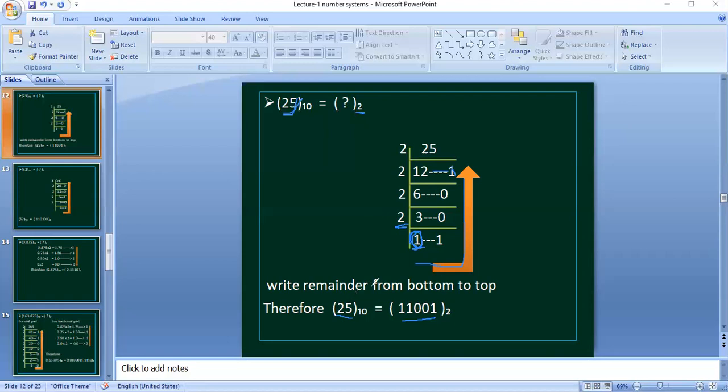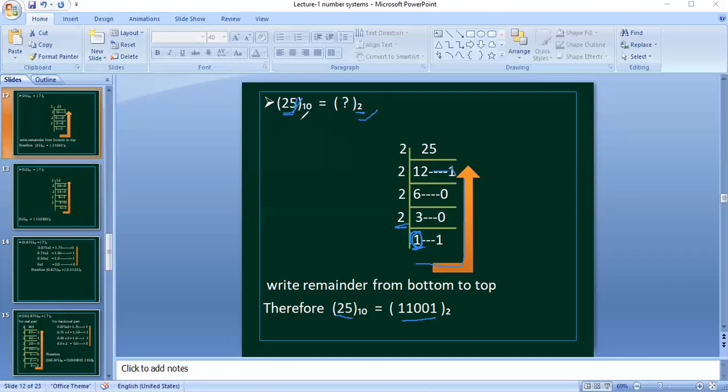So to convert a decimal number into another number system, for the integer part we follow the successive division method, dividing the given decimal number by the destination radix. Here the destination radix is 2.